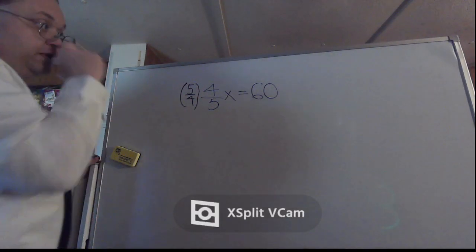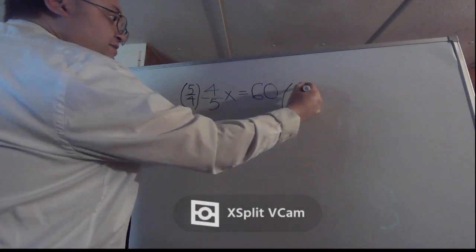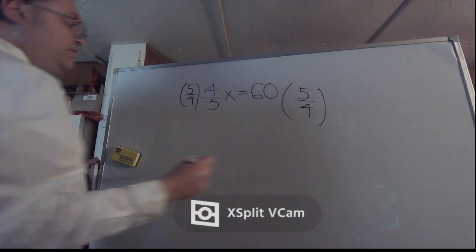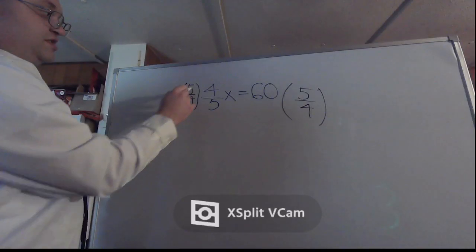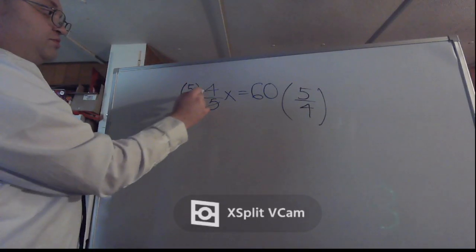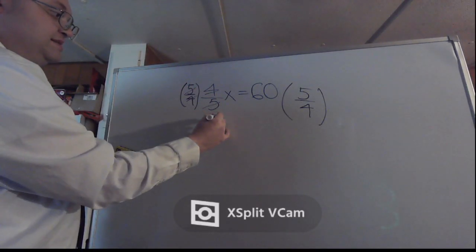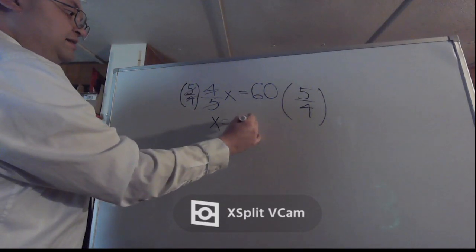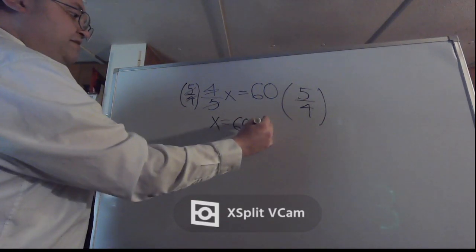But remember, what we do to one side, we got to do to the other. So if we multiply by the reciprocal, the 5's will cancel out, so will the 4's. You'll be left with x by itself. X will equal 60 times 5/4.